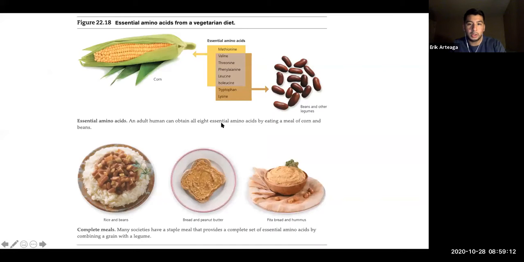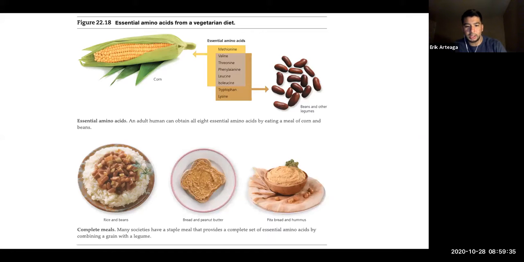Okay. So here are different essential amino acids. We have methionine, valine, threonine, phenylalanine, leucine, isoleucine, tryptophan, and lysine, right? And you can get many of these from beans or corn, okay? So again, an adult can obtain all 8 essential amino acids by eating a meal of corn and beans, okay? Complete meal.